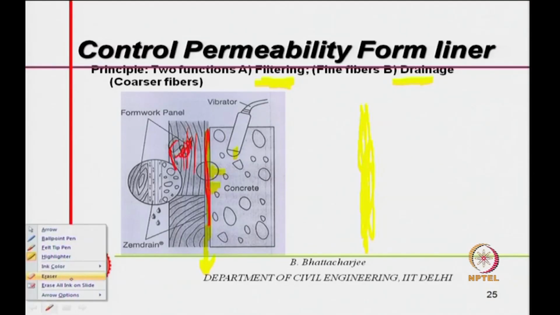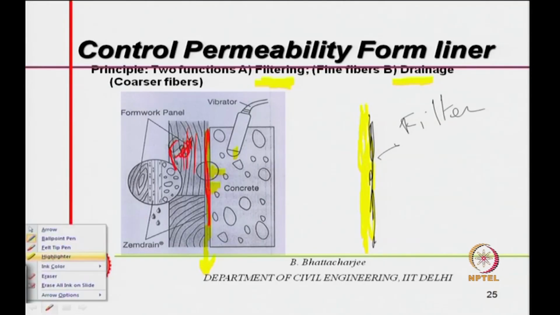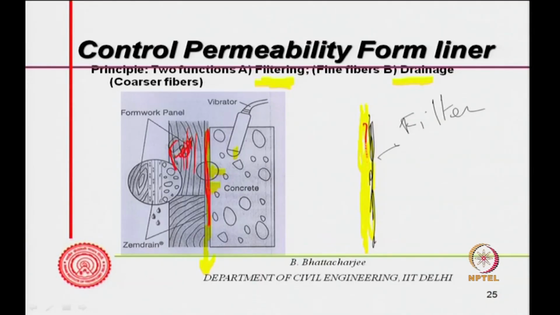It has two layers: the front layer is a filter, a polymeric composite material filter, and the back layer is a porous layer. The back layer has the function of drainage, and the front has the function of filtering.